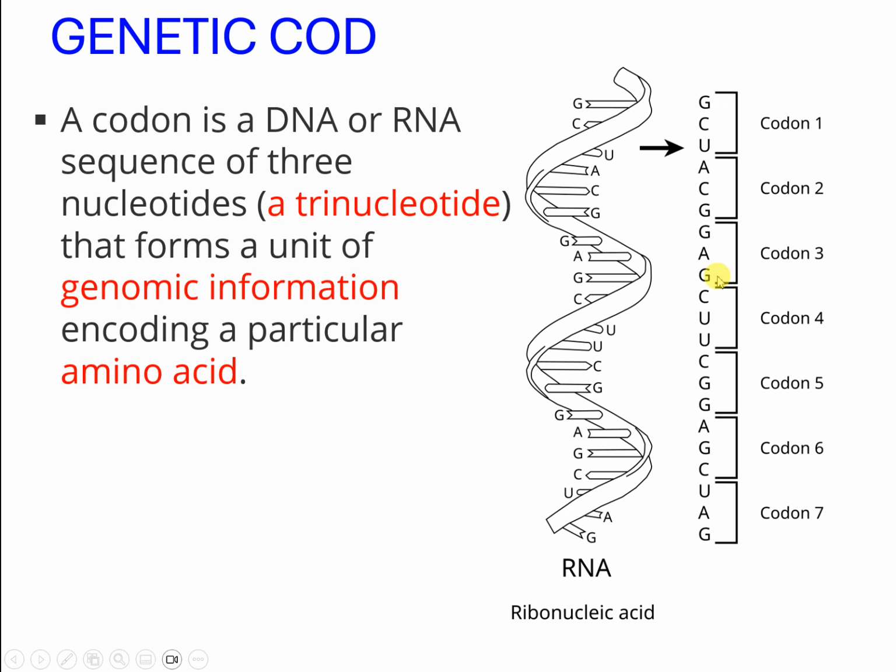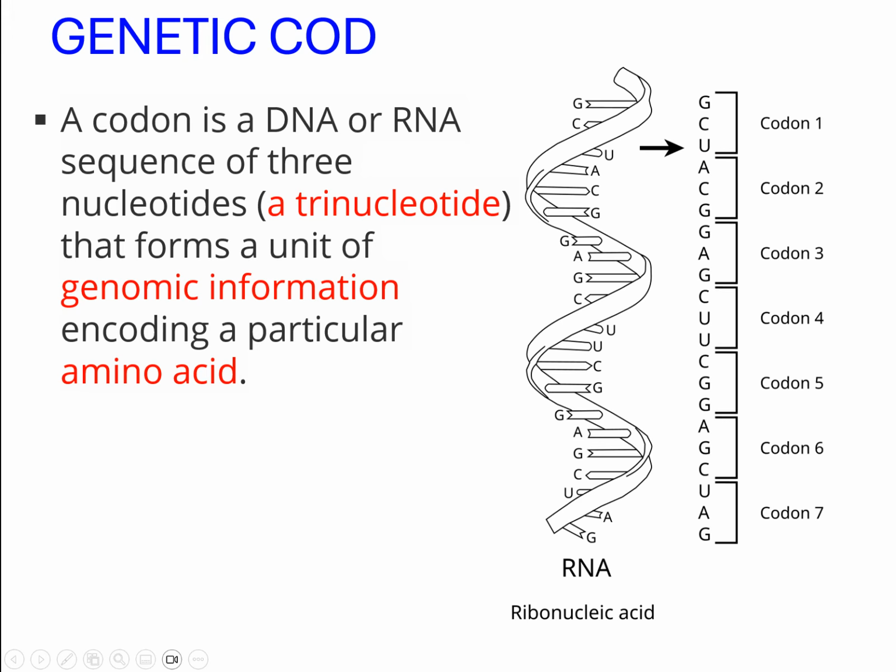What is the difference between DNA and RNA? The difference is one nucleotide: in RNA we have uracil, and in DNA we have thymine in place of uracil.